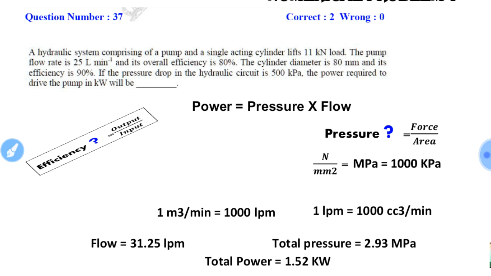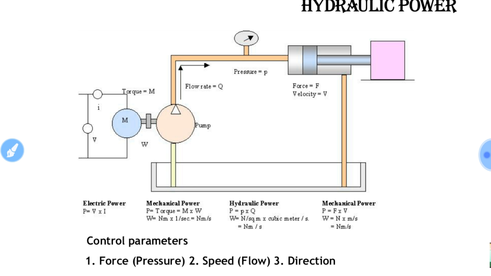The single acting hydraulic cylinder lifts 11 kilonewton of load. So this is the pump, and I can see it is a single acting cylinder because this line is directly connected to the reservoir. So this is a cylinder, and on this side the load is 11 kilonewton.